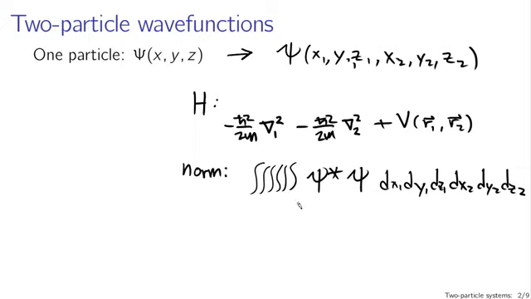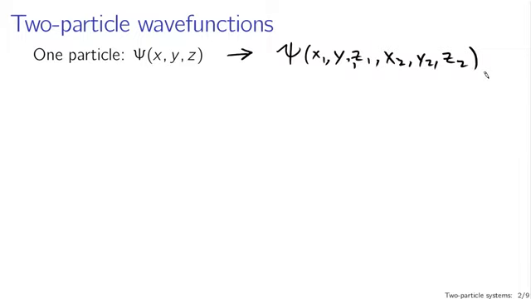So if you're trying to normalize a wave function for two particles in 3 dimensions in Cartesian coordinates, you've got a lot of integrating to do. Representing functions of many variables in the computer is a very difficult proposition.